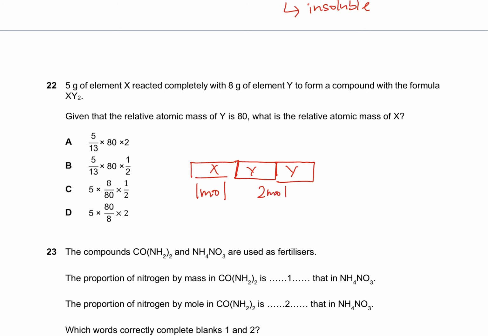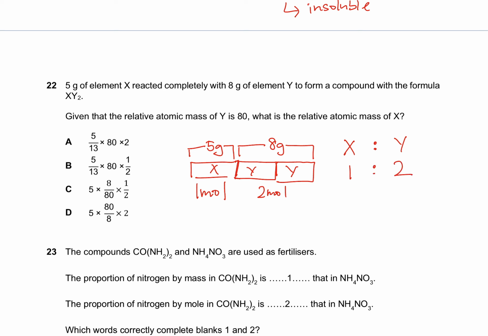Over here, we also have information that this is 5 grams, and we also have information that this is 8 grams. But I know that the mole ratio of X to Y is 1:2.